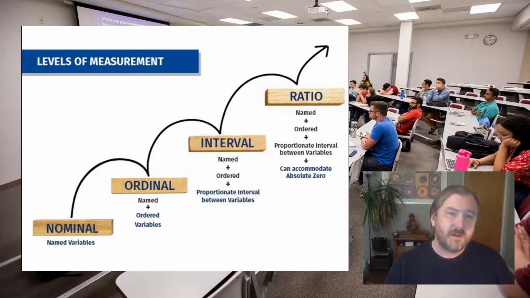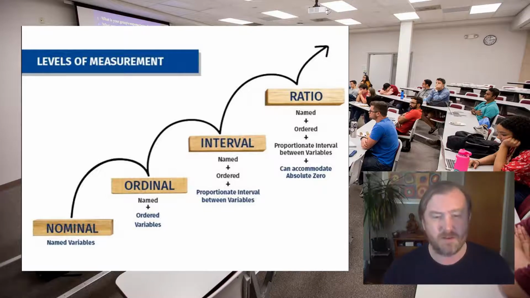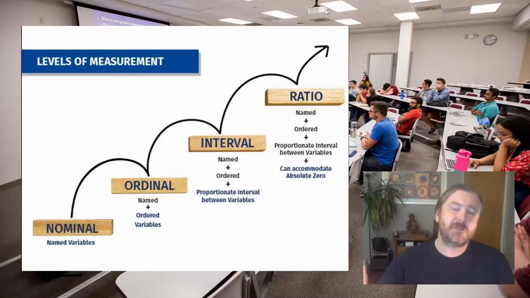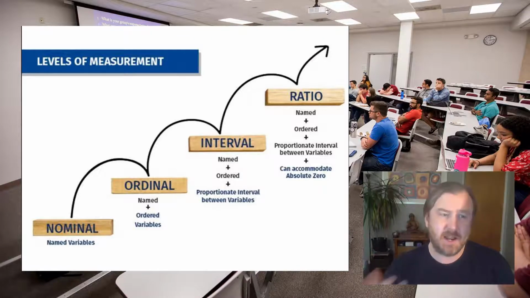Okay, and the final topic that I want to go into, which is tremendously important for this lecture, is the levels of measurement for a variable. So levels of measurement are properties of a variable and how it's measured that kind of build on each other in terms of the amount of information they carry.